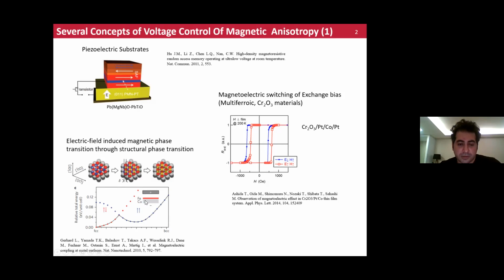They used iron here, and when the structure is BCC, it provides ferromagnetic properties. When the structure is FCC, the material provides antiferromagnetic properties. And this is another concept where we can control the magnetic anisotropy of materials by a voltage.